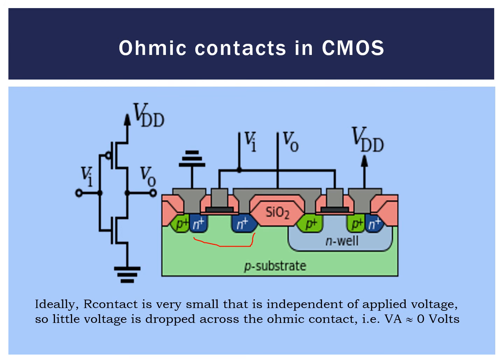Now these contacts which we are taking out are all ohmic contacts, and ideally the resistance of the ohmic contact is very small, and independent of the applied voltage. So little voltage is dropped across the ohmic contact, that is, the voltage drop across the ohmic contact is almost equal to 0 volts.